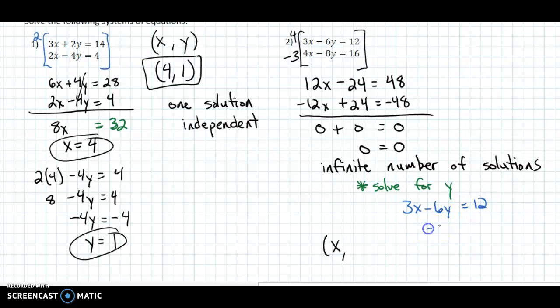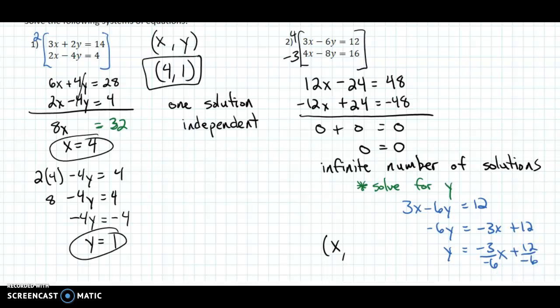I'm going to subtract the 3x over, and then divide by -6. So y is equal to, we'll go ahead and write this step out, -3 over -6 x plus 12 over -6.